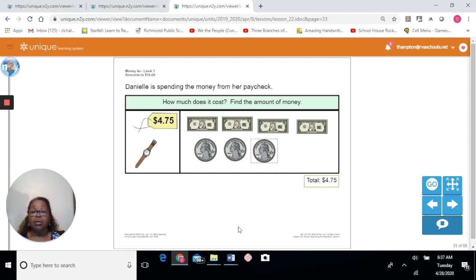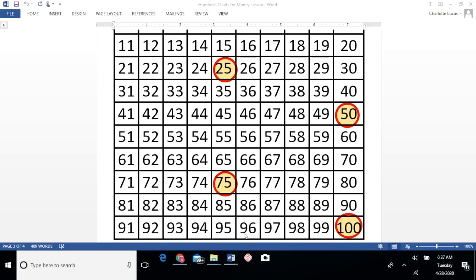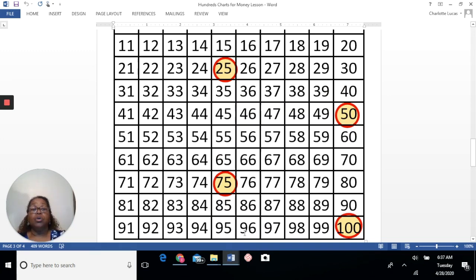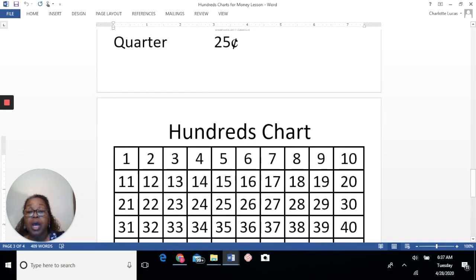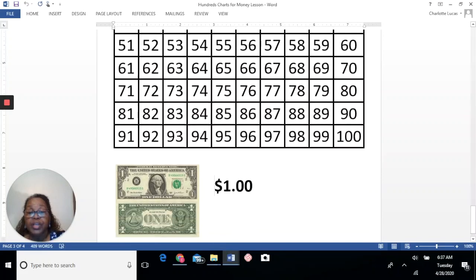We're using models of money to solve our math problems. To help us solve our math problems, we're using the hundreds chart. We know that it takes 100 pennies or 100 cents to make $1, and we represent $1 with a dollar sign, and it's a whole number.